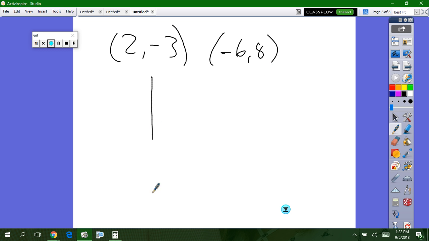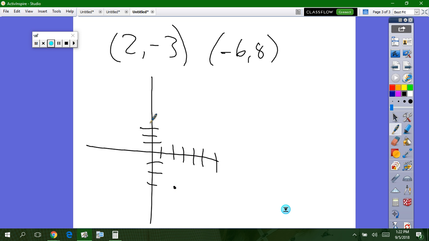So with that being said, Joseph said 2, 3, but I made him go to -3 just so we have a negative value to work with, right? And then we have 6, 8.